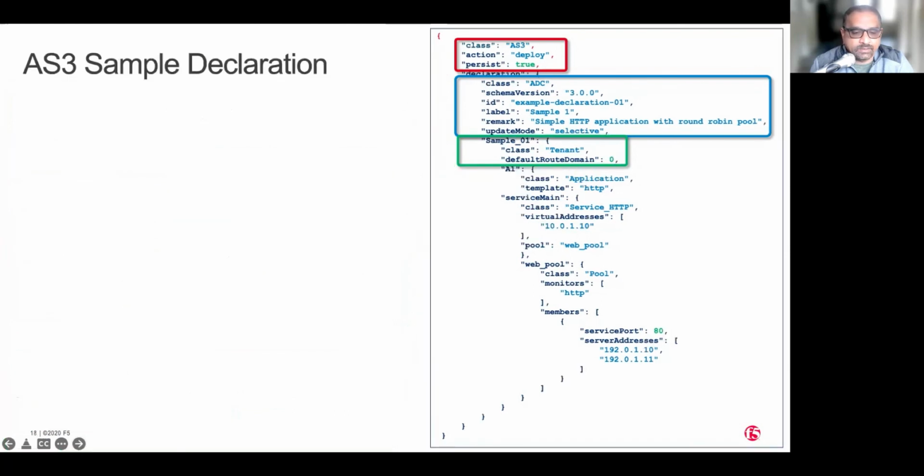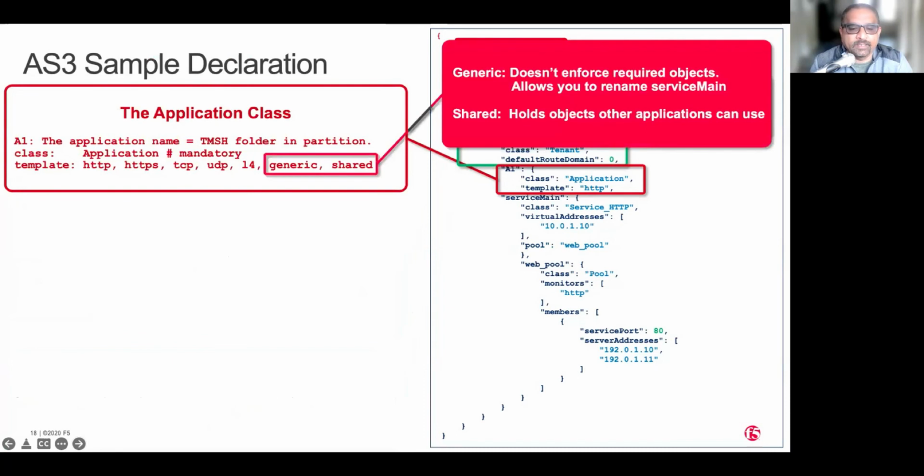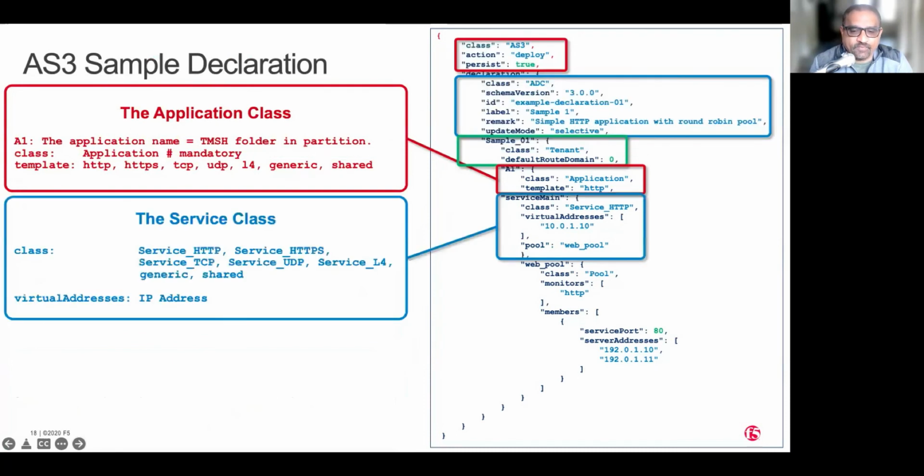And after that, you will have things like your application class. So this is where you will say, okay, what type of application, what type of template I will be deploying, right? It could be HTTP, it could be TCP or UDP, depending upon that. And then finally you can have the virtual server definition.